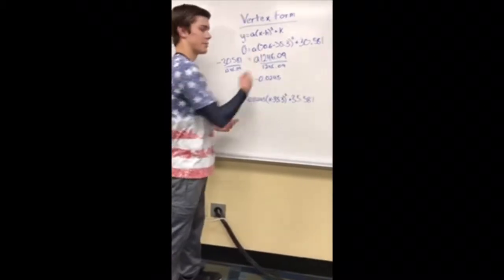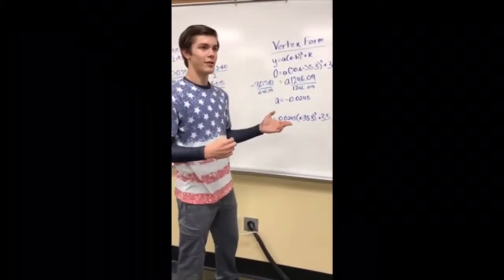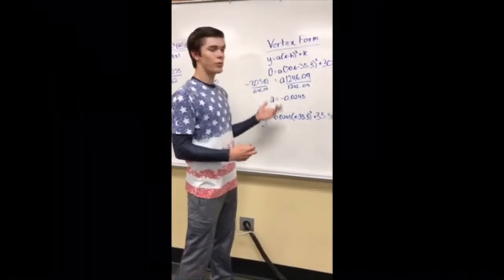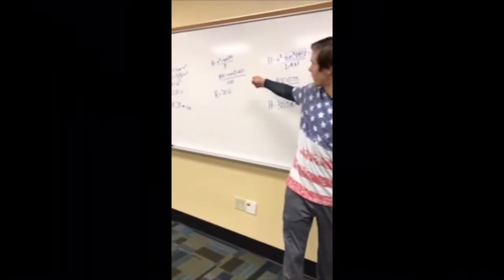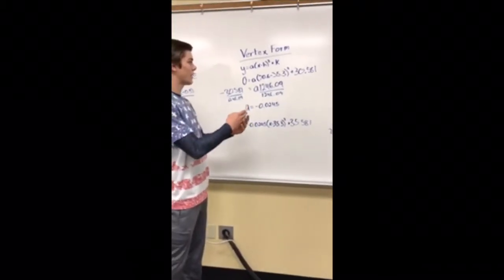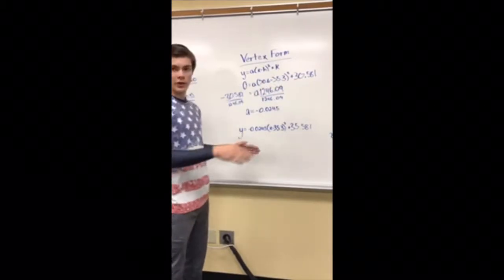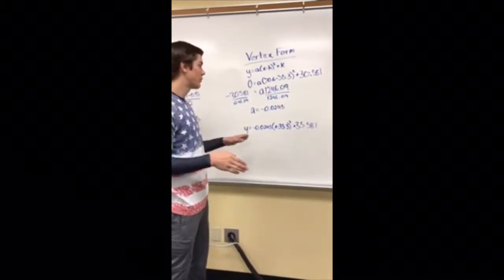So X is going to be our 70.6, which was way back there in the range. And we have to put all of our variables, other than the A, filled in.